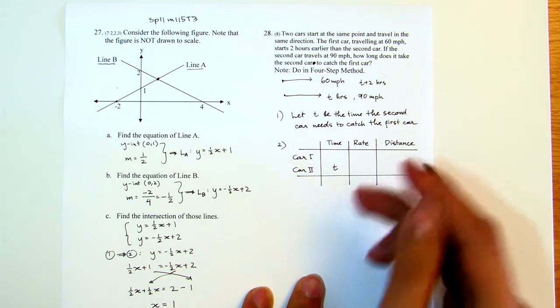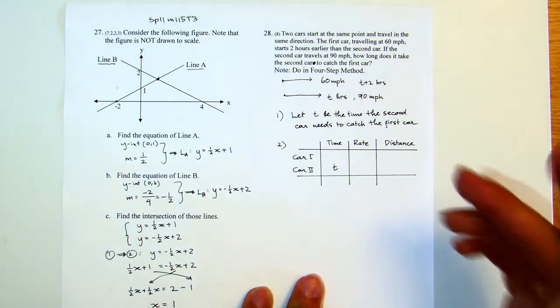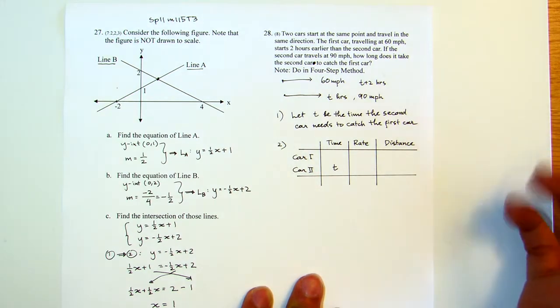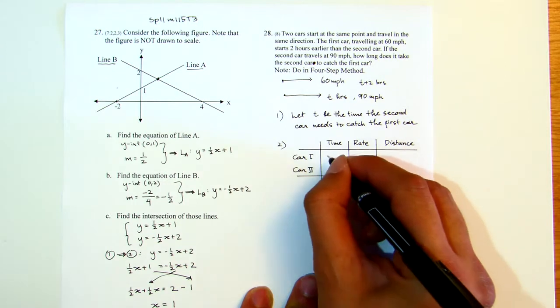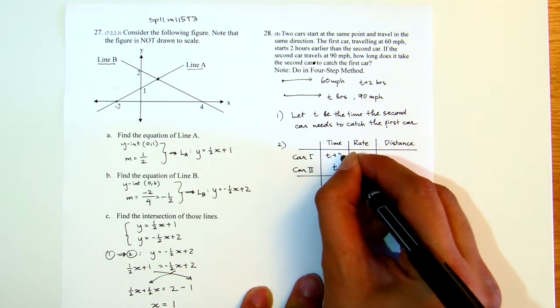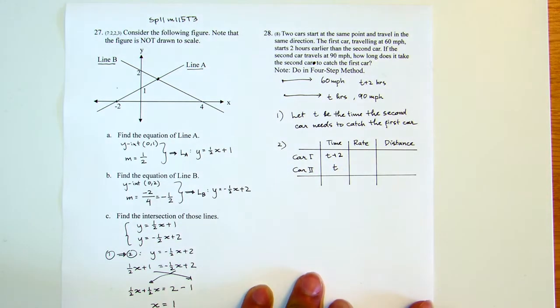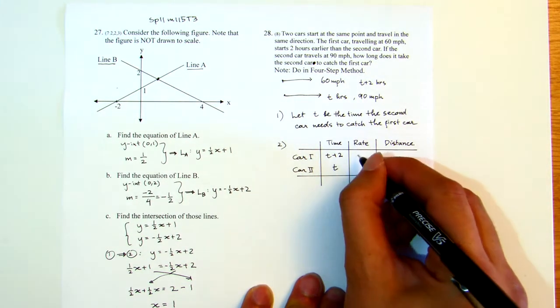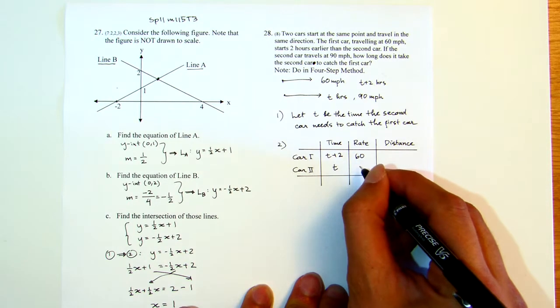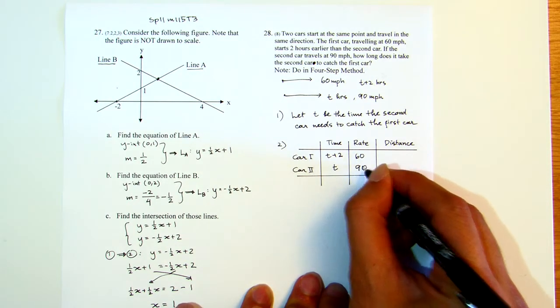And because the second car traveled 2 hours after the first car starts, then the first car must have traveled for 2 more hours compared to the second car. Now, the rate of the first car, as given by the question, is 60 miles per hour, and the rate of the second car is 90.